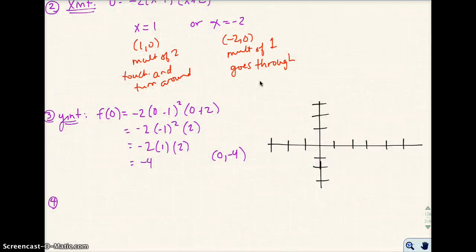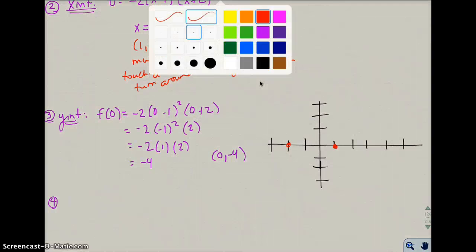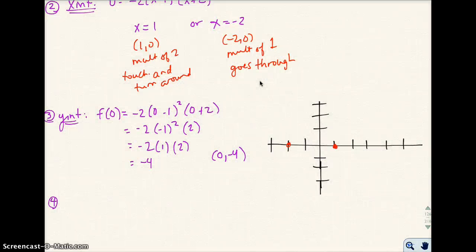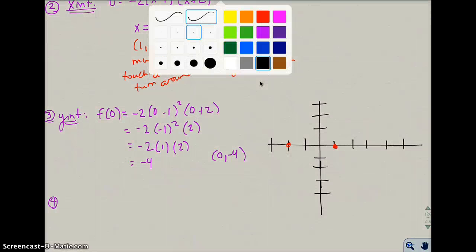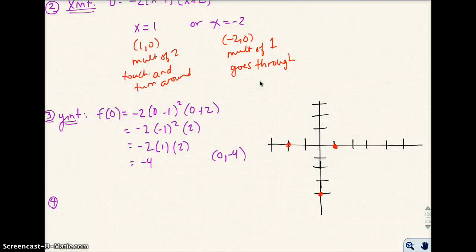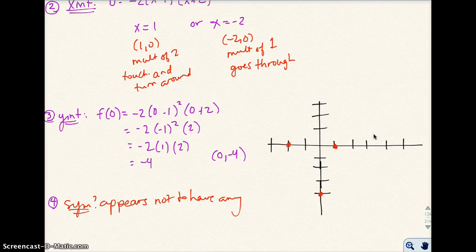Now I have 1, 0, and negative 2, 0, 0, negative 4. Look at it carefully. It looks like there's no symmetry in terms of y-symmetry and the origin symmetry, no. So it looks like there's no symmetry. So instead of putting that negative x in, it's a little bit easier to do that.